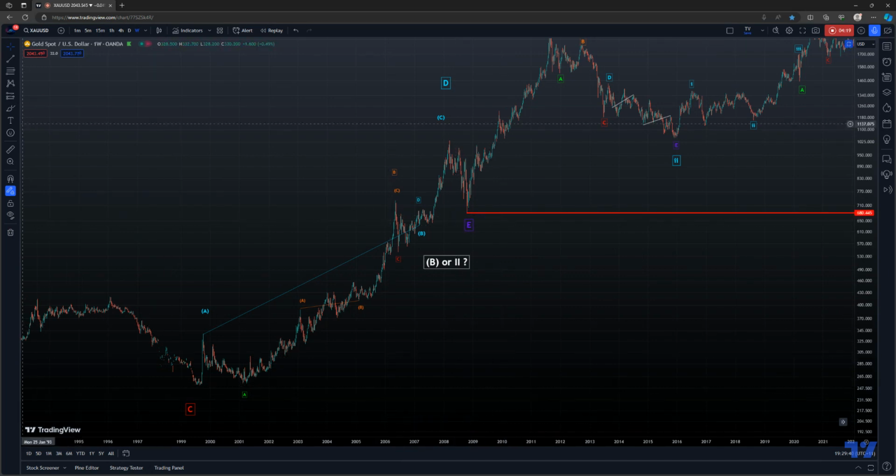So, in my opinion, if you look at the Dow Jones or any stock market, you'll notice that the market did go up, well, since 2000 it kind of crashed.